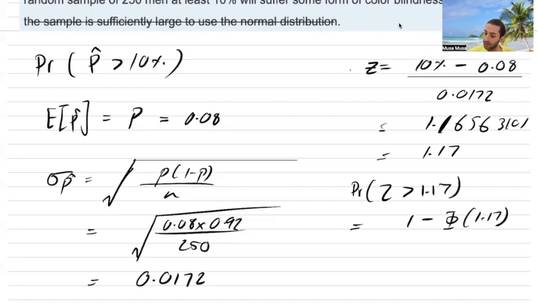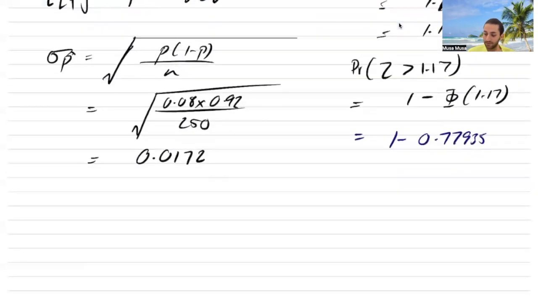And going to the table that I have, 0.77935. So this is going to equal 1 minus 0.77935. Perfect. And then that's the probability.